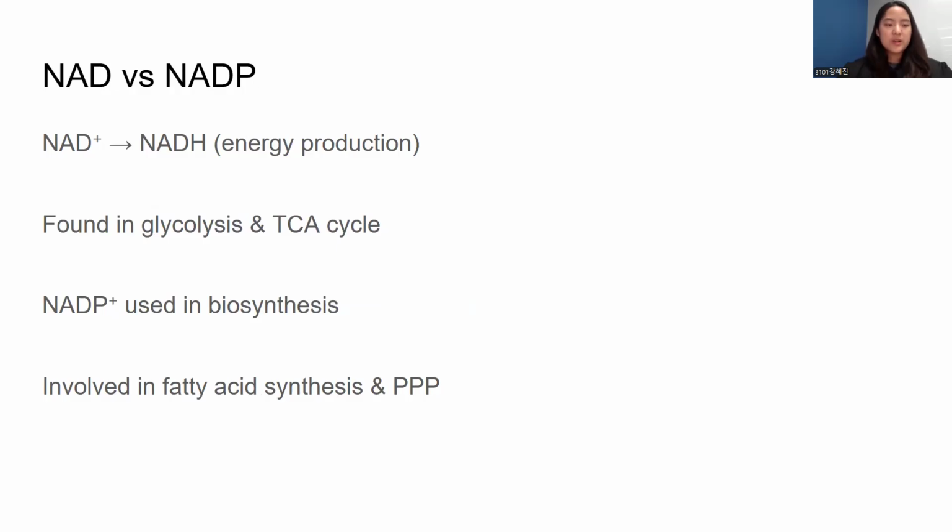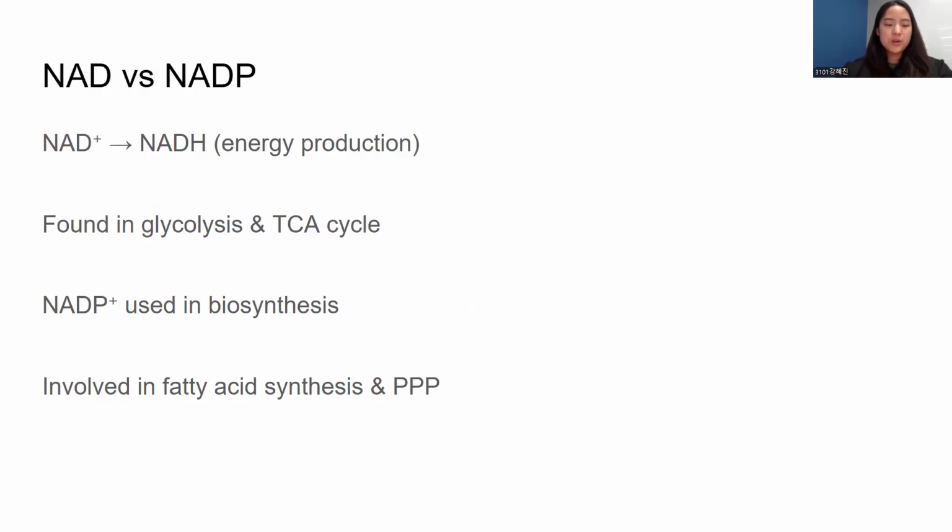As I talked about before, NAD and NADP are the most used coenzymes here. If we focus on NAD plus, it is reduced to NADH, and this NADH has electrons that can be released to the electron acceptors, which is basically related to energy production.